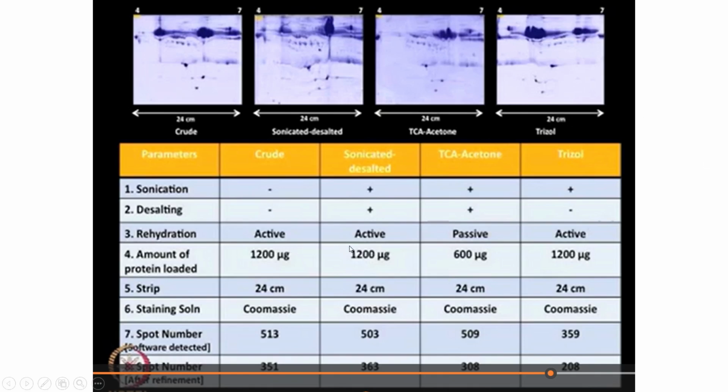Depending on the amount of protein loaded, every factor will affect it. Although everything is the same sample, the way the sample preparation was done changes how you can visualize your gel image.